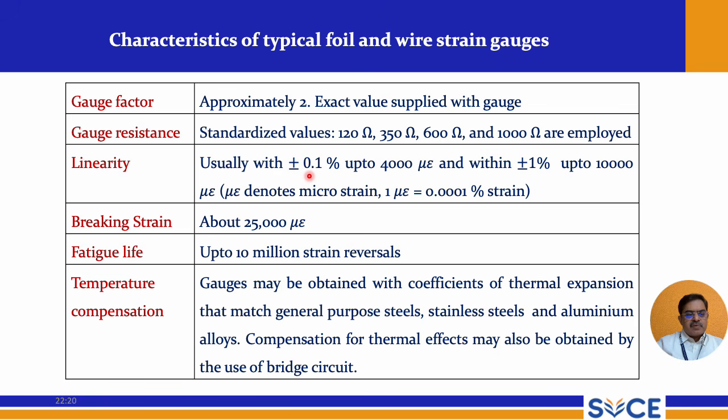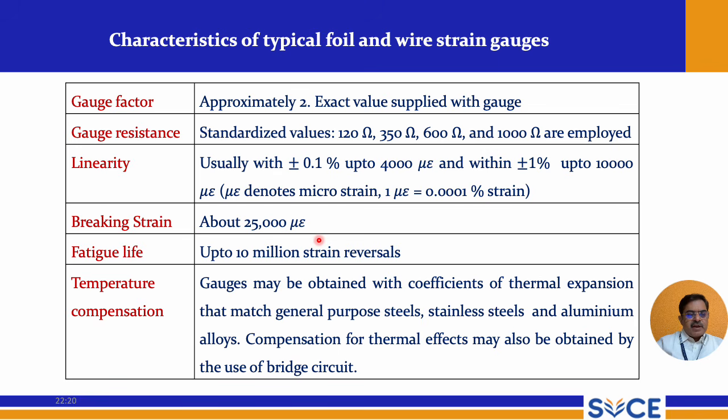Linearity is within plus or minus 1 percent up to 4000 micro strain, and within plus or minus 1% up to 10,000 micro strain. So that denotes micro strain, and 1 micro strain is equal to 0.0001 percent of strain. So that is micro strain.